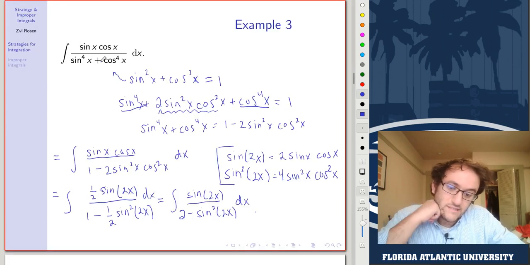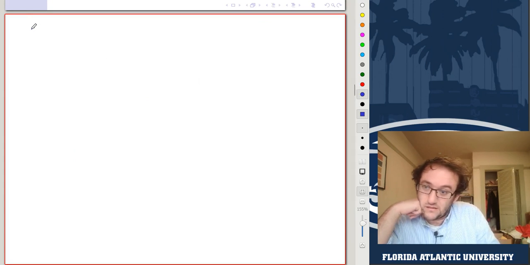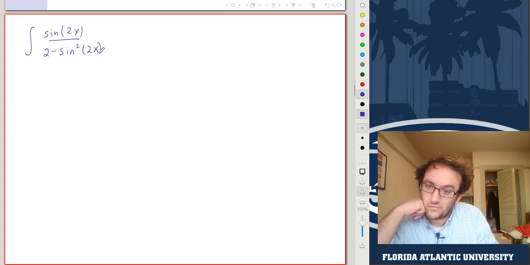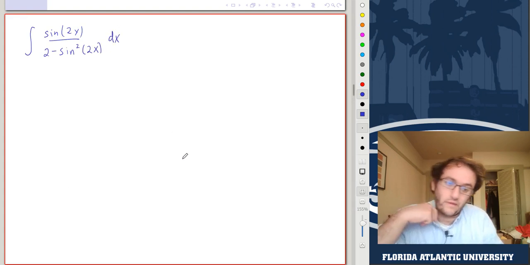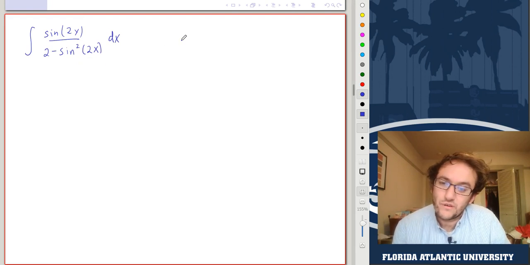So now we're at sine 2x divided by 2 minus sine squared 2x. Okay, and again, we want to figure out a way to make the bottom a cosine. So let's remember that sine squared plus cosine squared equals 1.